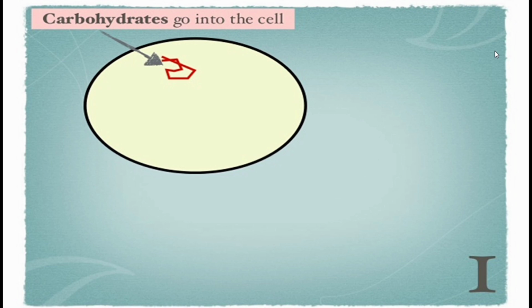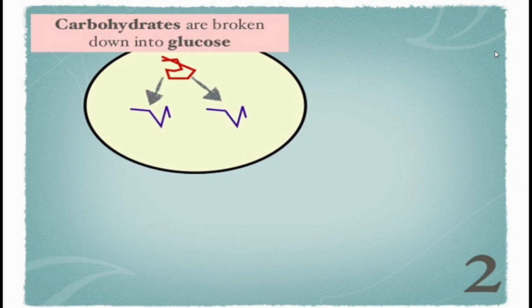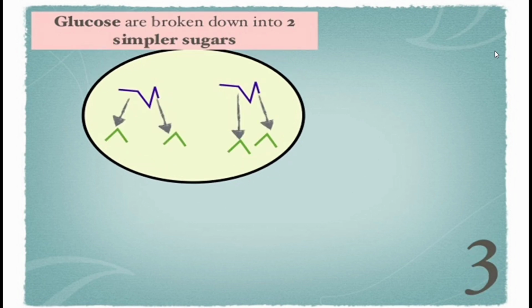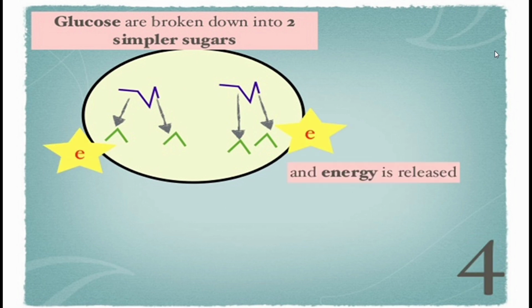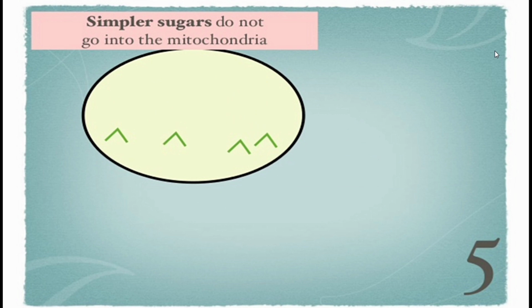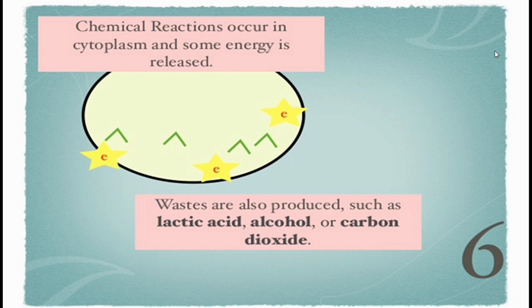Carbohydrates go into the cell and are broken down into glucose, the sugar, and then glucose is broken down into 2 simpler sugars, and energy is released, which is the ATP. Simpler sugars do not go into the mitochondria. Chemical reactions occur in the cytoplasm, and some energy is released. Wastes are also produced, such as lactic acid, alcohol, or carbon dioxide.